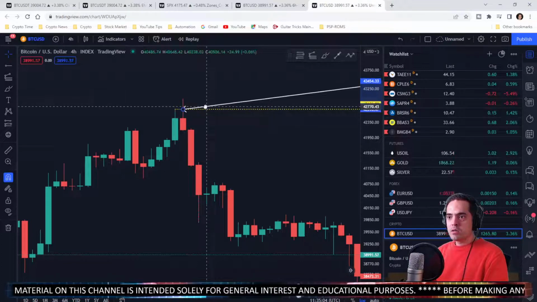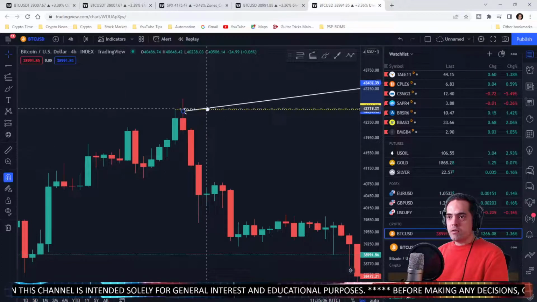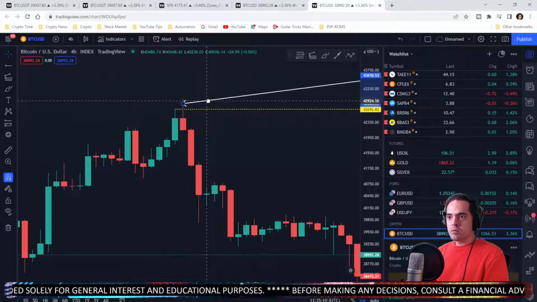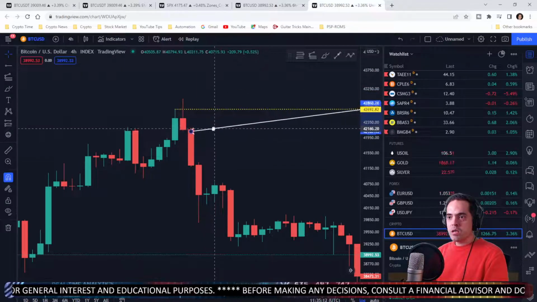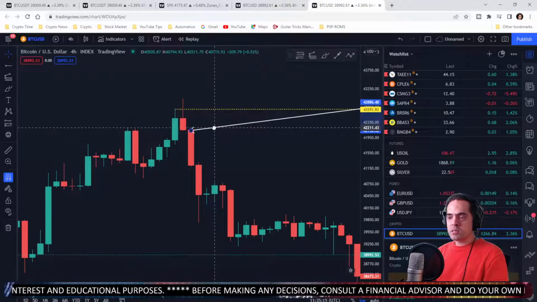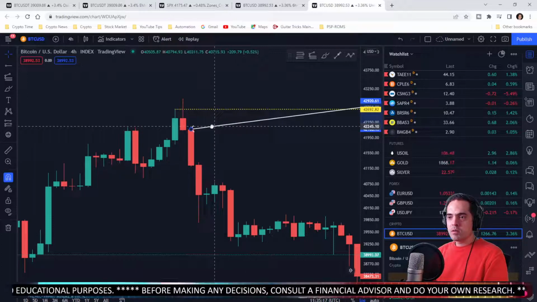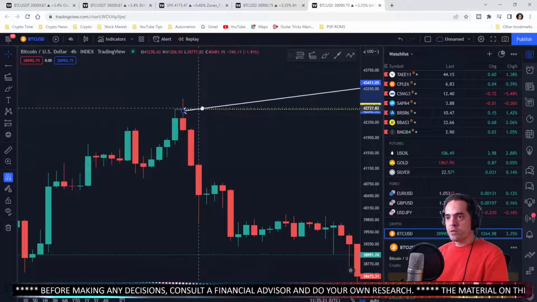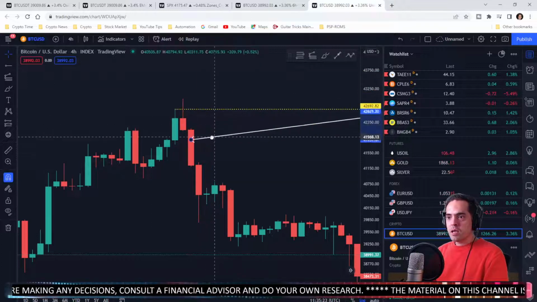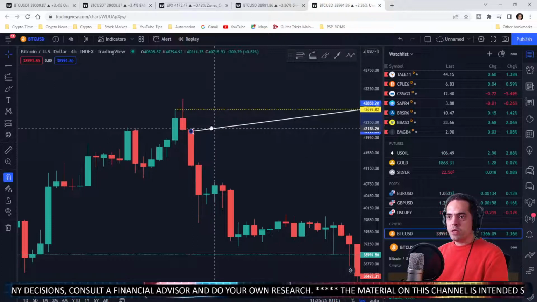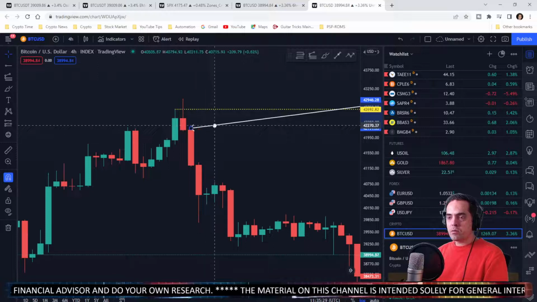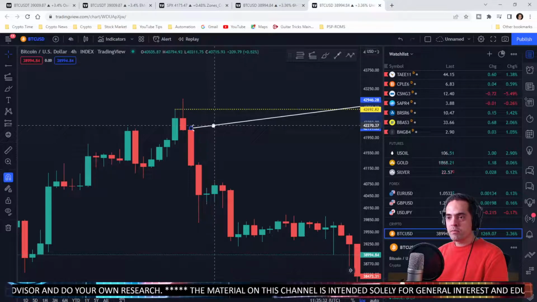Okay, but to spot this trap, if the next candle, this one, opens and closes below the candle which just broke through the previous high, that means we're going to have a change of direction.